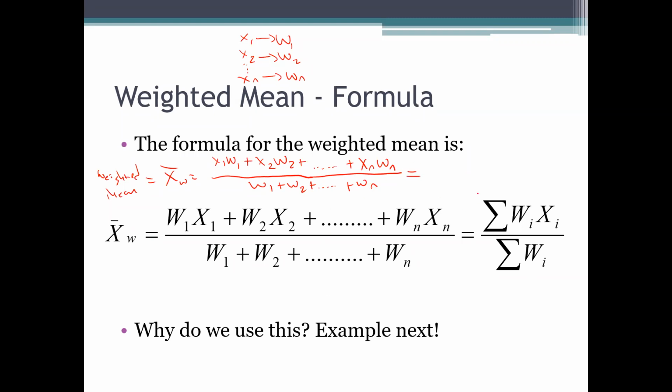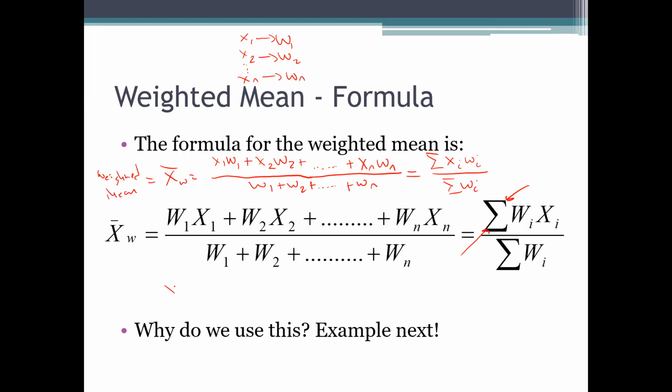Okay, so in shorthand notation, we use this summation sign. So it's the sum of the original variables times the weights, divided by not how many there are, but the sum of the weights.